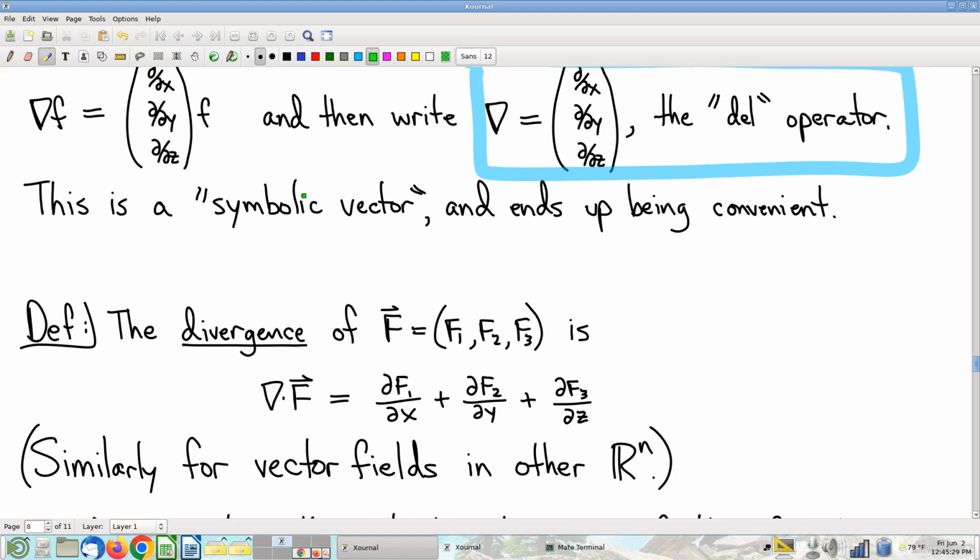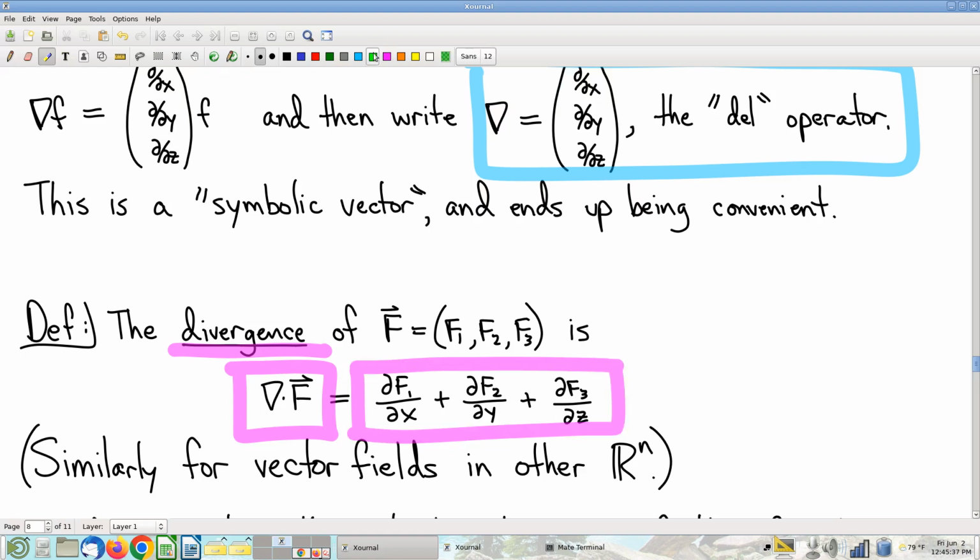Let's see, here we go. So divergence is this formula right here. Given a vector field that has coordinates f1, f2, f3, divergence is computed by taking the del operator, right here, and applying it, the first component of del to the first coordinate of the vector field, etc. You'll notice that it's kind of a dot product.